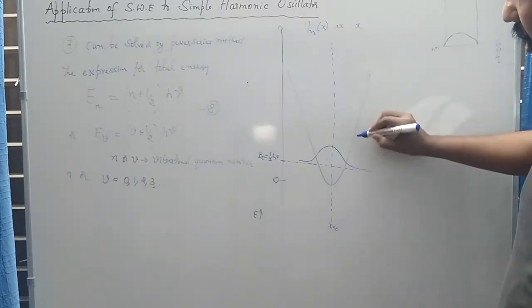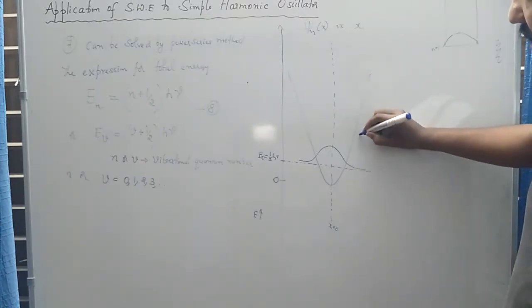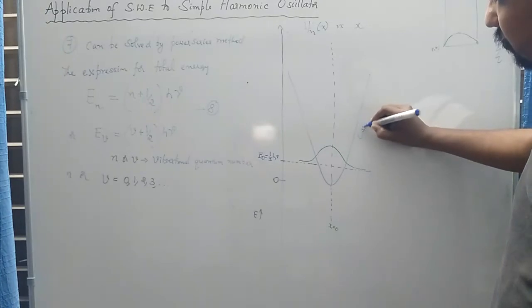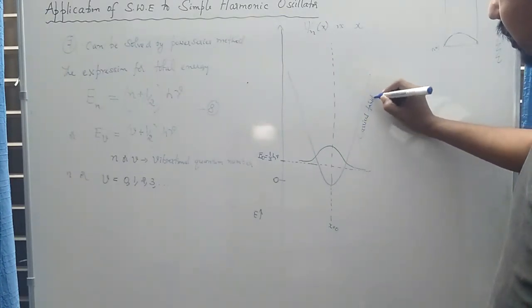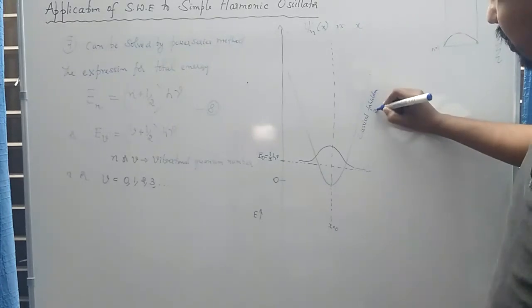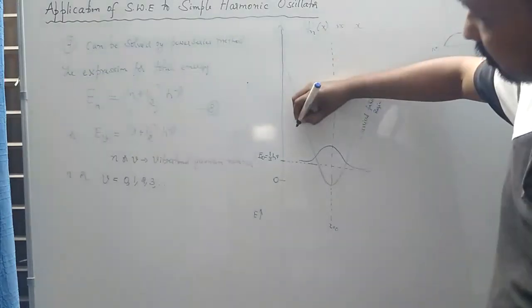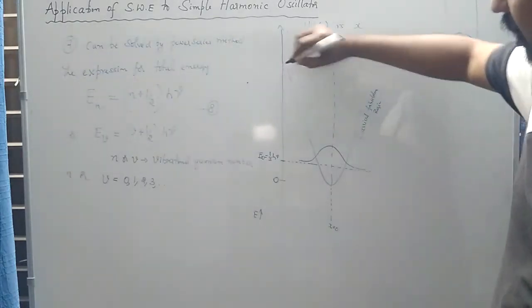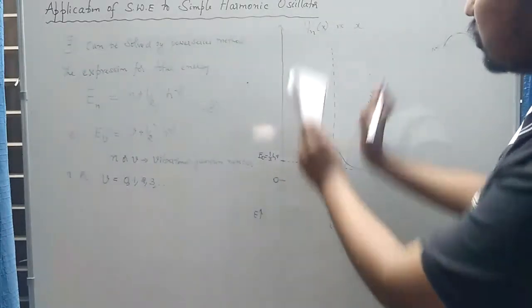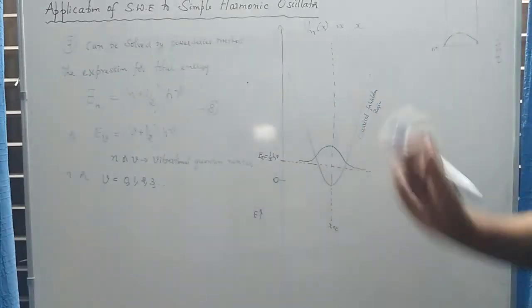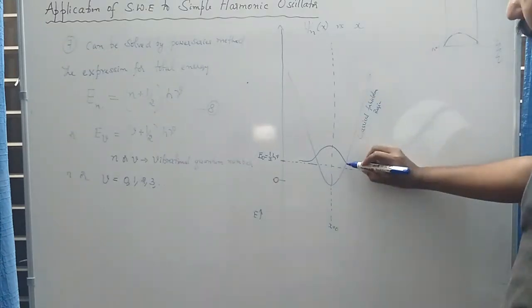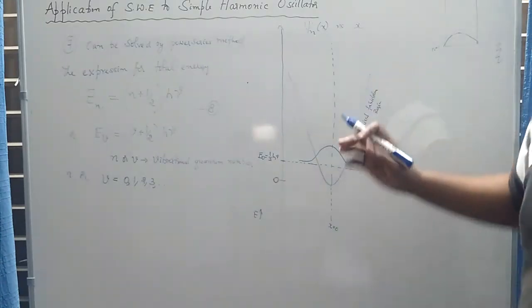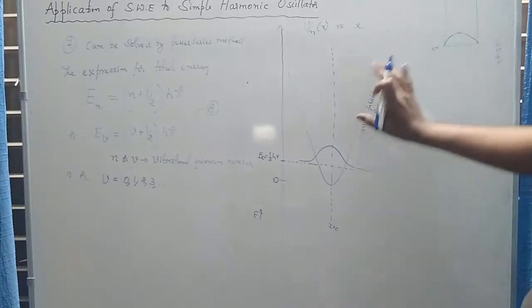This is called the classical forbidden region. This is also a classical forbidden region. Any point outside this curve is called the classical forbidden region. It means the particle cannot be located outside this region. It should always be vibrating within this region.